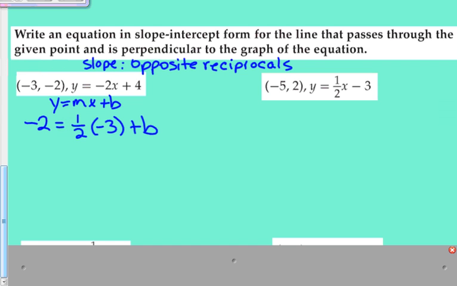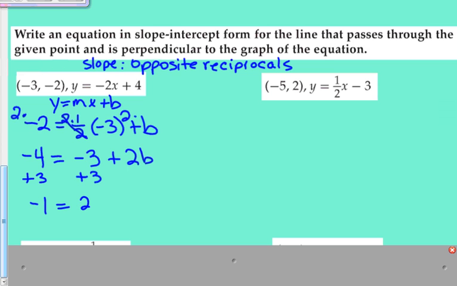So as I start to solve this, I'm going to go ahead and get rid of my denominator by multiplying it on both sides. Times 2 times 2. Everything gets multiplied by 2. This becomes -4. These two cancel out, leaving -3 and then plus 2b, because every piece gets multiplied by 2. Now I will add 3 to the other side. I'll get -1 equals 2b.